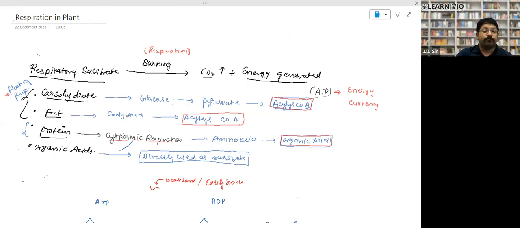Fat will convert into fatty acid, and fatty acid will convert to glyceraldehyde and acetyl coenzyme A, and again it will produce energy. Write it down: burning of carbohydrate and fat is called floating respiration.